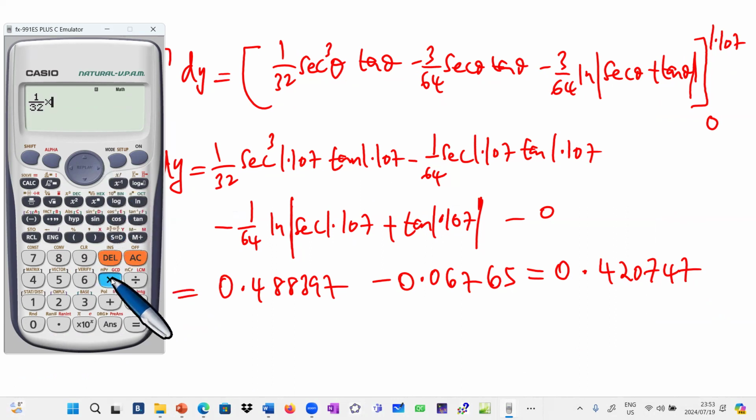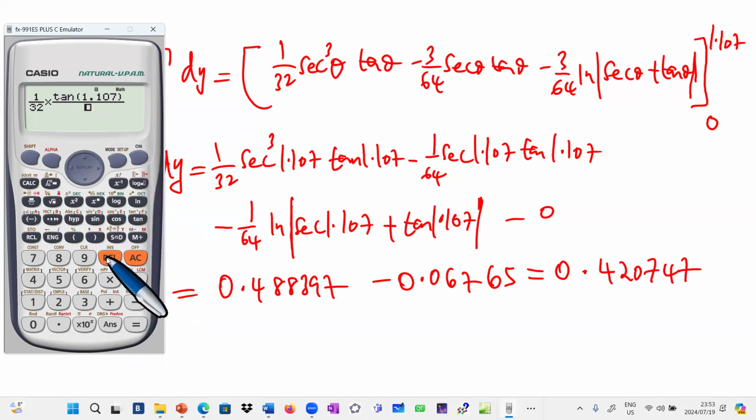But now you're going to do the times here, then you're going to do the fraction. Okay, this one, because there's no secant, and secant is 1 over cosine, you can do it as the tangent of 1.107, you close, and it is divided by the cosine cubed.